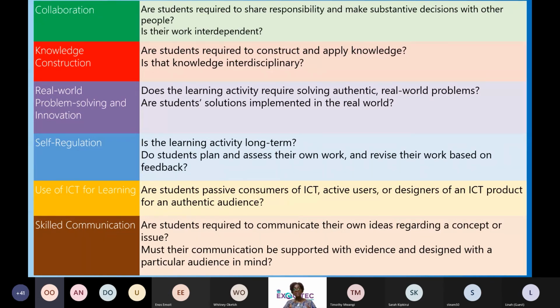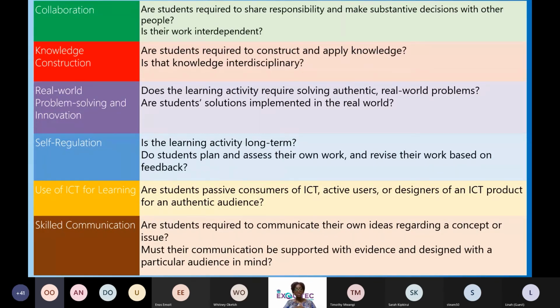And if you look at the activity and see that it's a long-term activity, and the students are left to plan and assess their own work and revise their own work based on feedback, then you have self-regulation. And then, of course, use of ICT. We've said they're not just passive consumers of ICT, but they're active users or designers of an ICT product. Then you know that ICT has been used for learning.